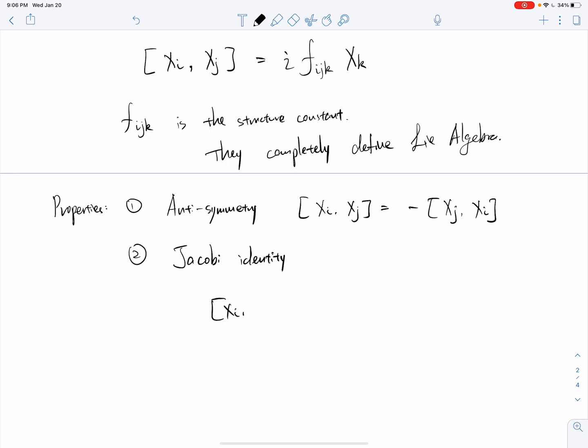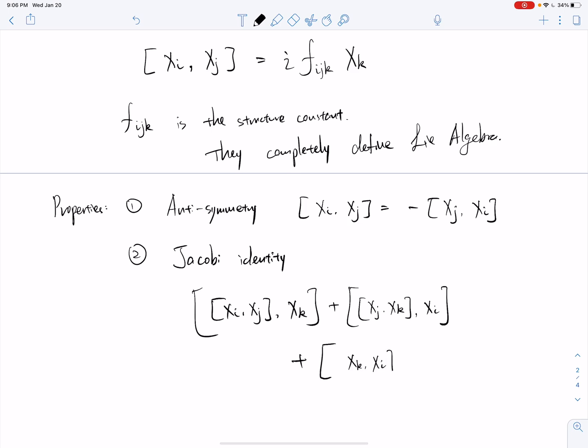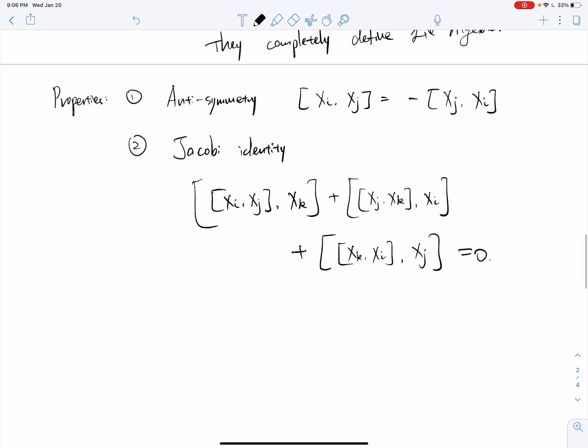It says [xi,[xj,xk]] plus [xj,[xk,xi]] plus [xk,[xi,xj]] is 0. This is the famous Jacobi identity.